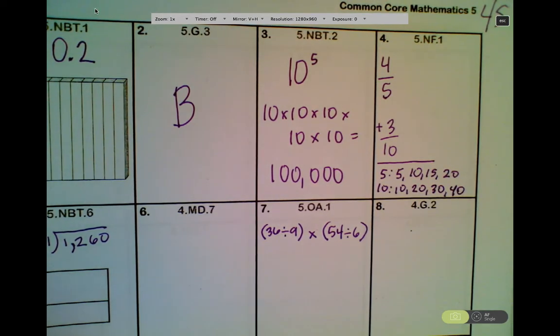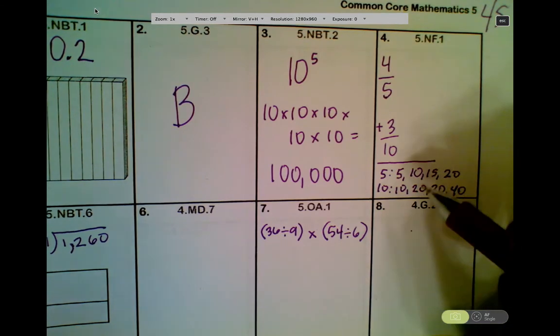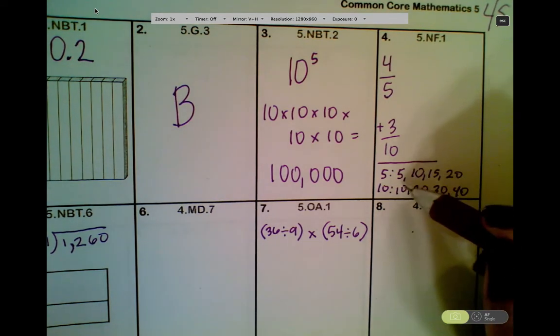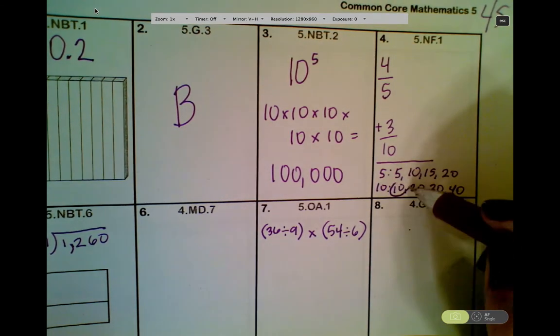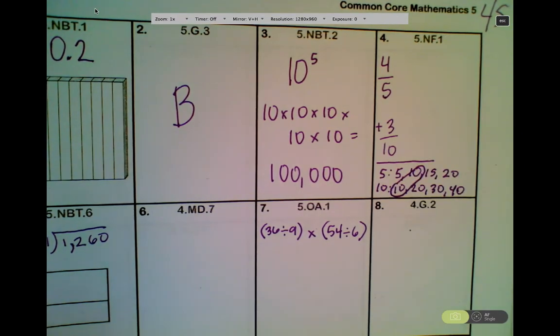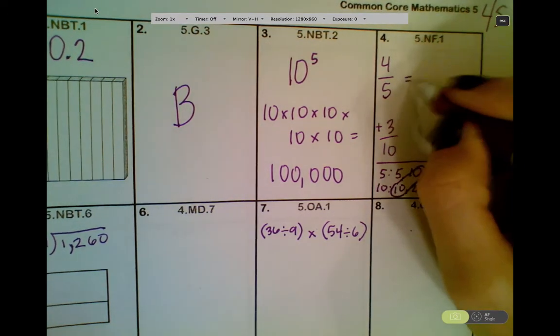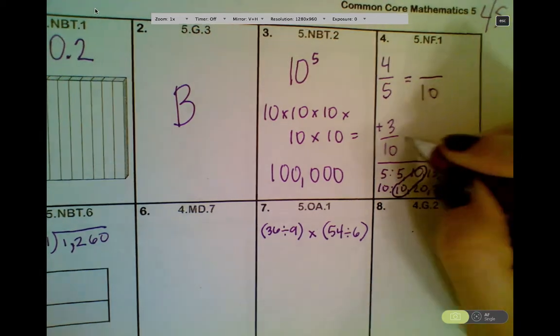And you have to find the least common multiple. The multiple they both have in the smallest one, and that is 10. So now you're going to change each of these fractions so your denominator is 10.